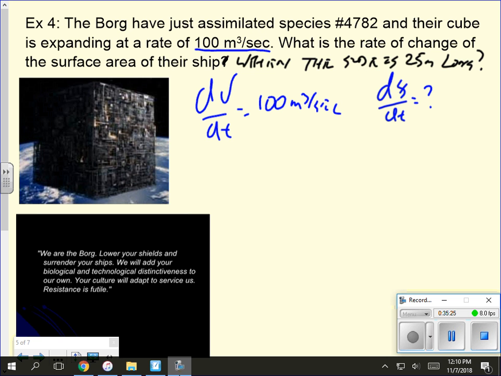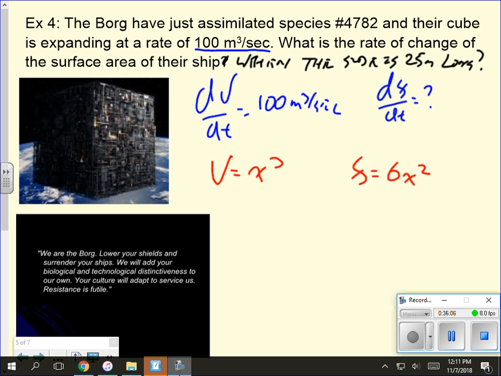Here's what we want to do. If we think about this as a two-step problem, and we deal with the volume of a cube and the surface area of a cube, two of them both related to the side length of the cube, I can take this one and solve for dx/dt, and I can use dx/dt from this equation to solve for dS/dt on that one.